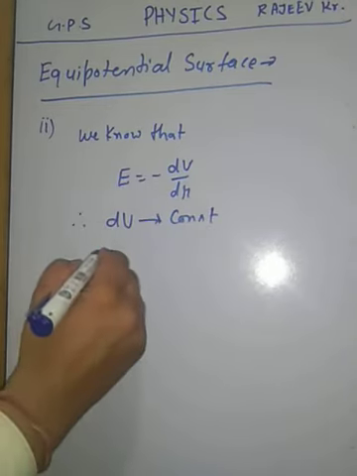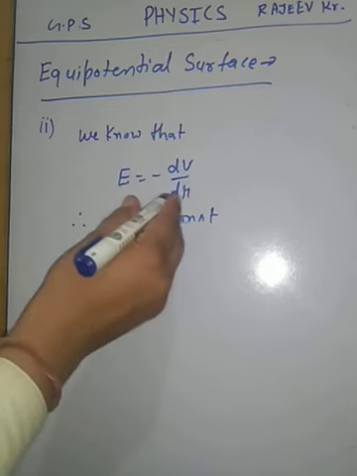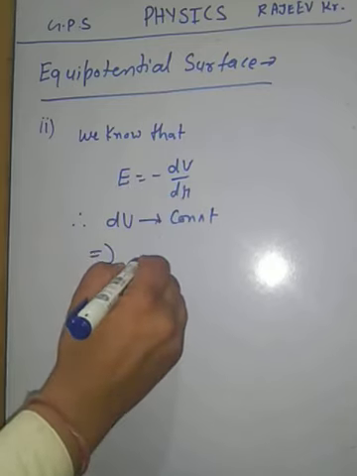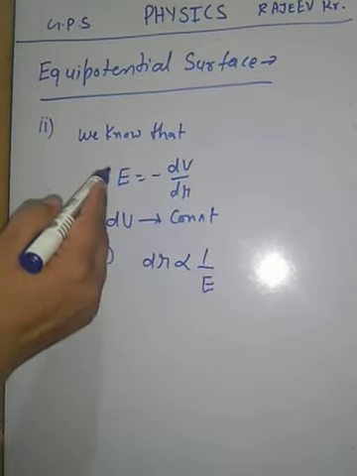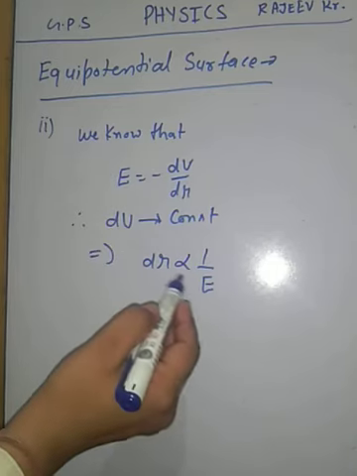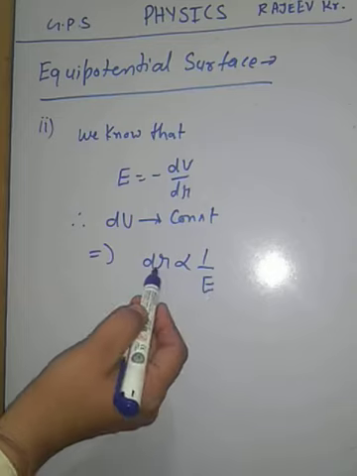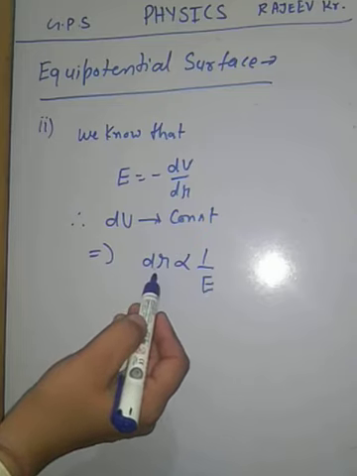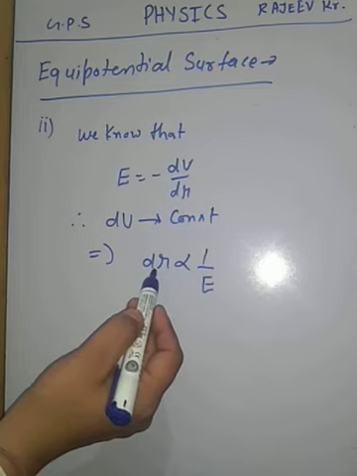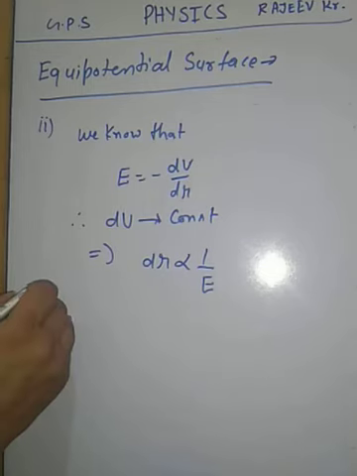If dV is constant, then the relation between electric field and displacement is that dr is inversely proportional to E, or E is inversely proportional to dr. This indicates that if the field is strong, the displacement between two surfaces will be less, and if the field is weak, then the separation goes on increasing. It means for a strong field, the gap between two equipotential surfaces will be the least or minimum. As we move away from the charge, the gap goes on increasing between the equipotential surfaces. This is the second property of equipotential surfaces.